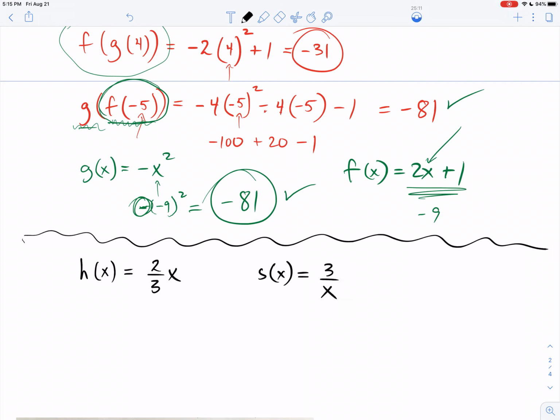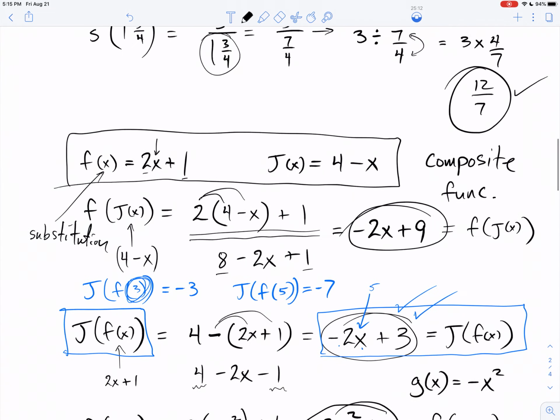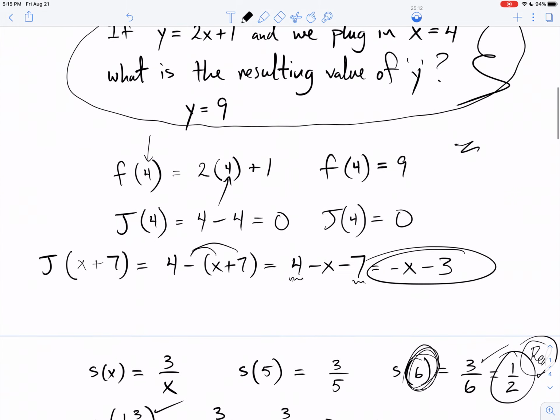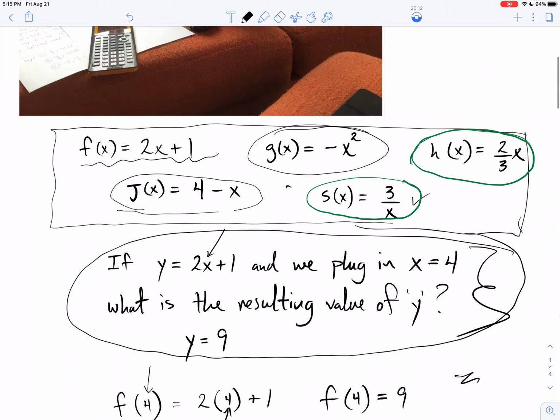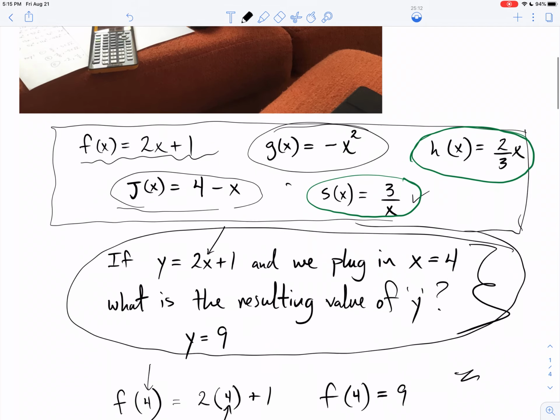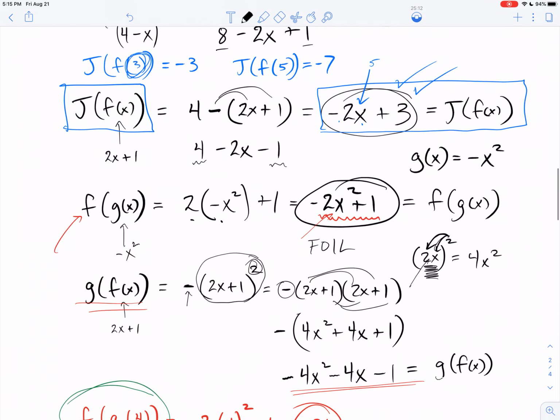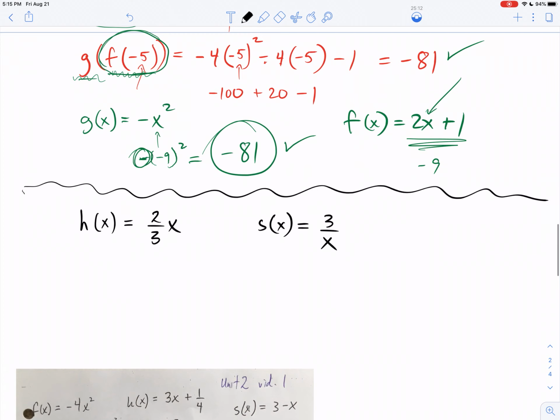Let me double check. I don't want to ruin what I've done so far. So what does h do for a living? It says 2/3 times x. S does for a living 3 divided by x. Okay.